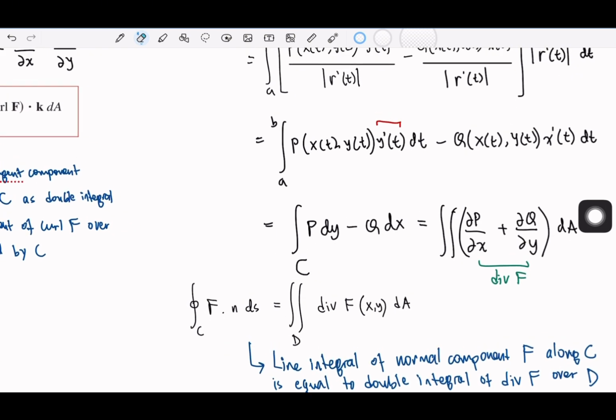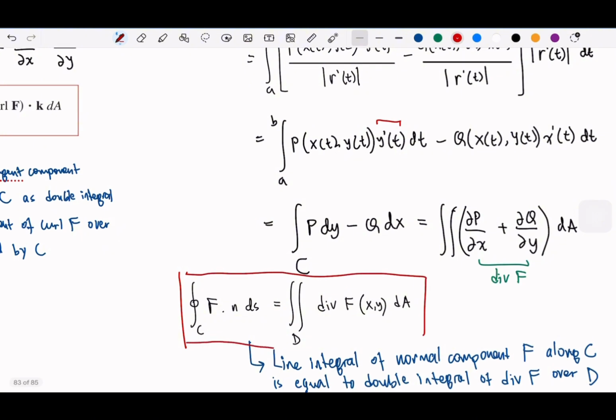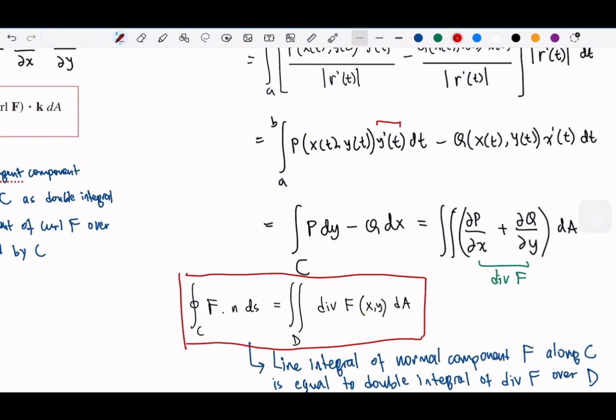Okay, so I think I will just mention the important part is here. Especially if you have clear vector functions and you have them in terms of parametric, then you can clearly see the normal component, or you can make out the normal from the r.